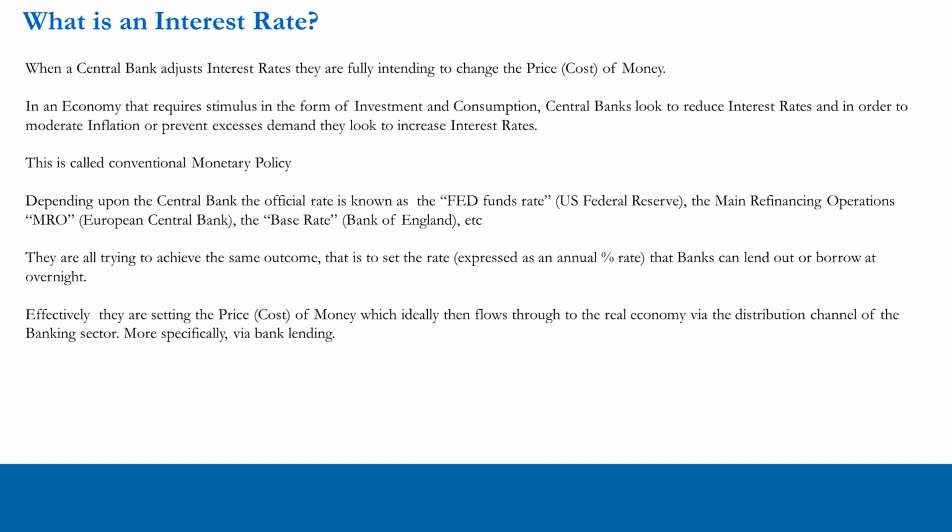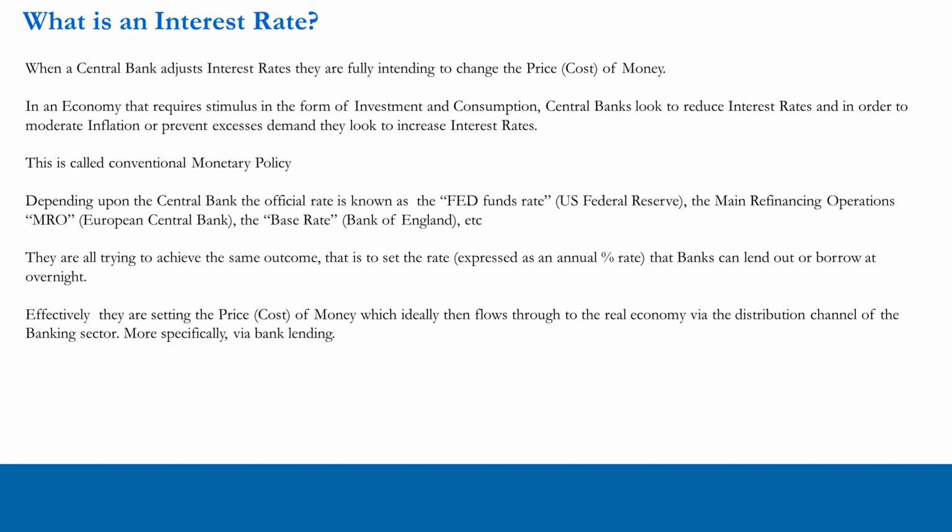They're all trying to achieve the same outcome, to manipulate the economy. It's to set the rate expressed as an annual percentage rate that banks can lend out or borrow at overnight. Effectively, what they're doing is they are setting the price of money, the cost of money, which ideally then flows through to the real economy via the distribution channel of the banking sector, more specifically via bank lending.